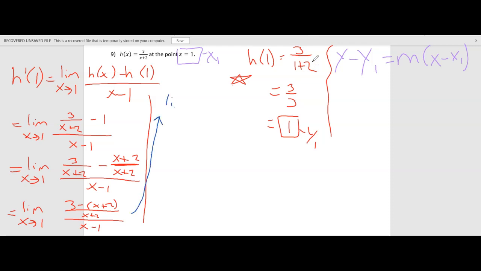So I get the limit as x approaches 1. We can actually just block this off as well. If I simplify my first numerator, I'm going to get 1 minus x, or negative x plus 1. My denominator is still the quantity x plus 2, all over, let's fix that up a little bit.